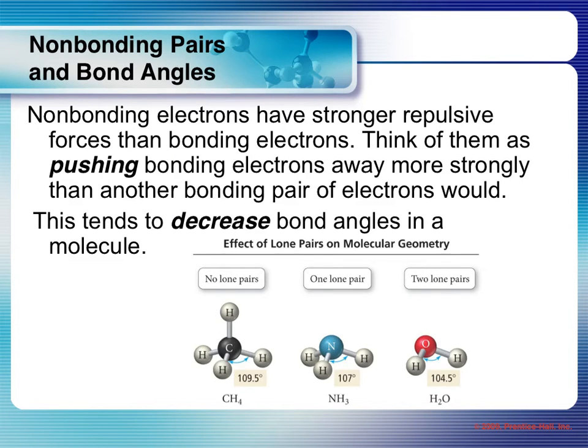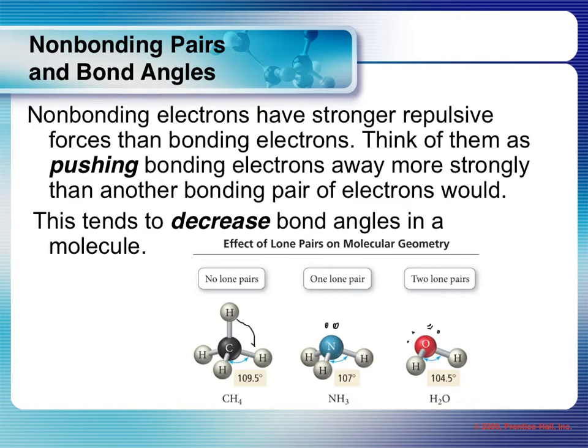Alright, so the hard part of the lecture is over, and now just a couple of tidbits to get a thorough understanding. What I want you to know is that non-bonding electrons, lone pairs, which I'm going to draw in here, have a stronger repelling force than bonding electrons.